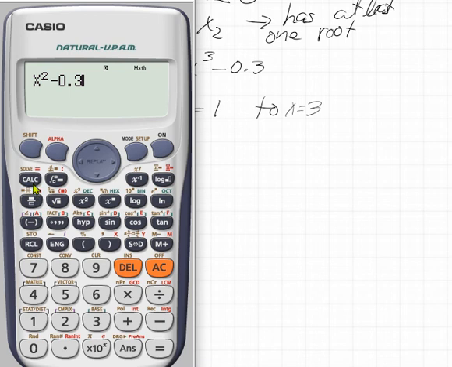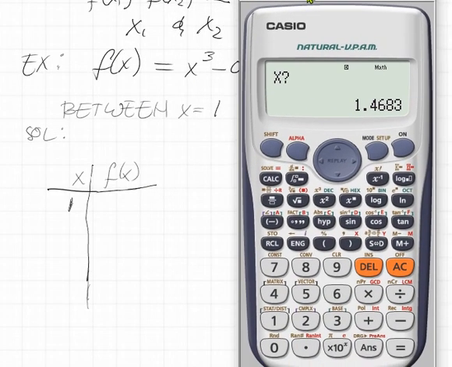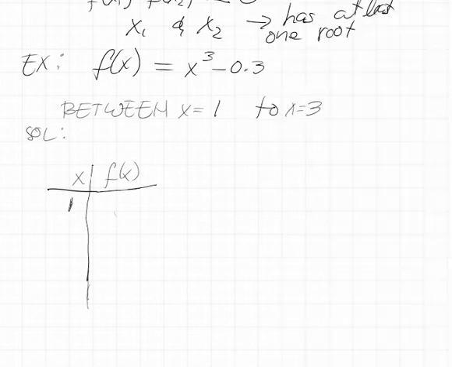So first, you click calc, then it will ask you what should be the value of x. So first is 1. So if x equals 1, press equals. Then this should be the value of f of x. It's 7 over 10, or around 0.7.